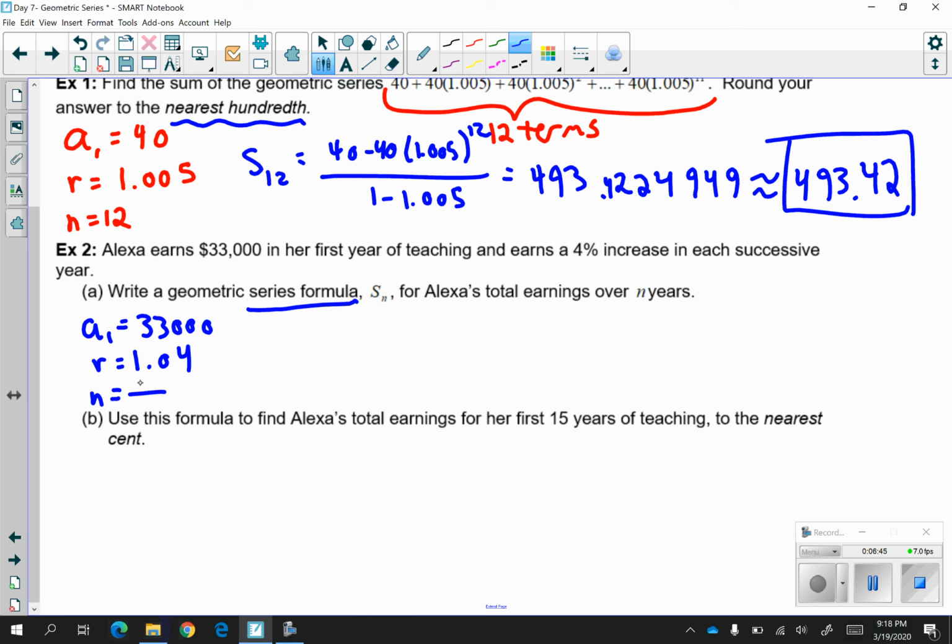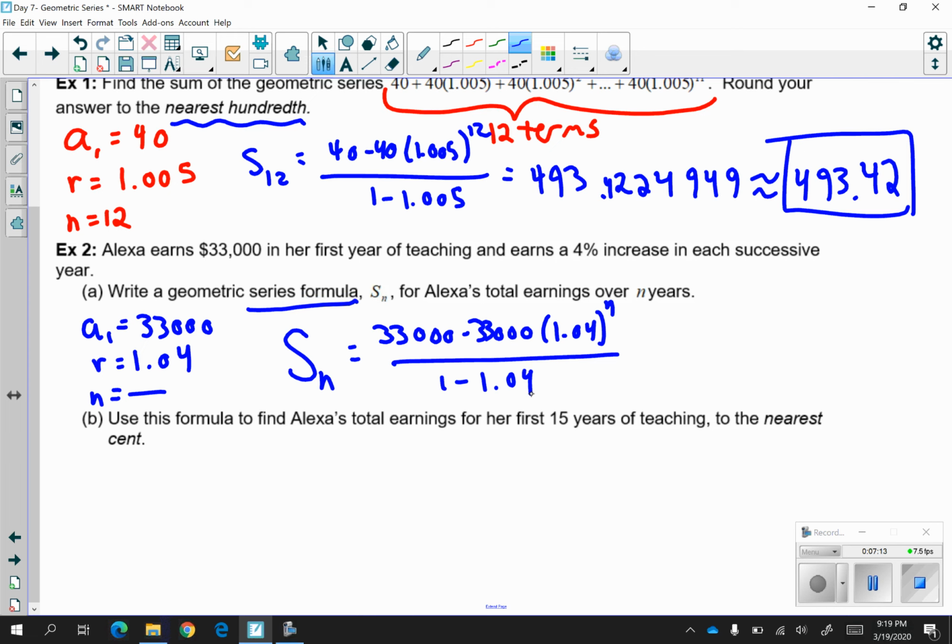This is just the general formula. So please make sure you use S sub n, especially because they're telling you to use it. We have 33 grand minus 33 grand times R to the n over 1 minus R.